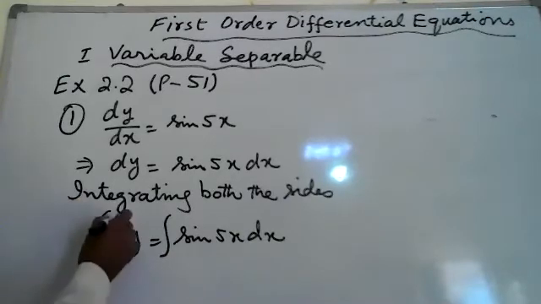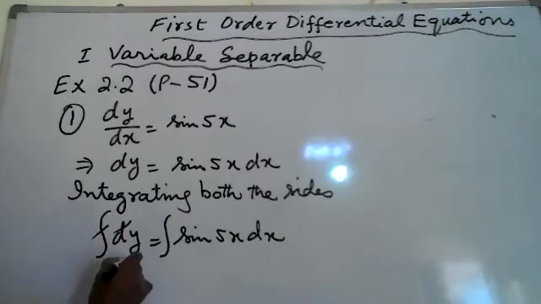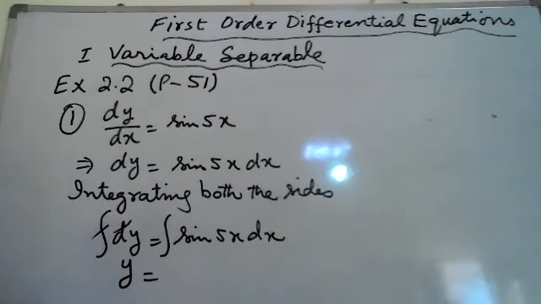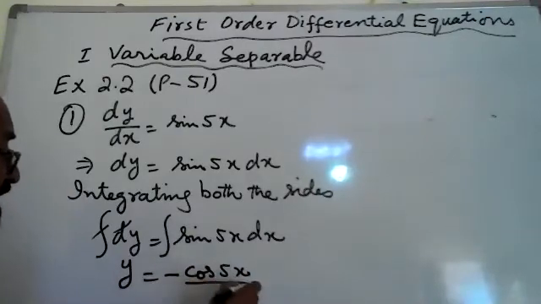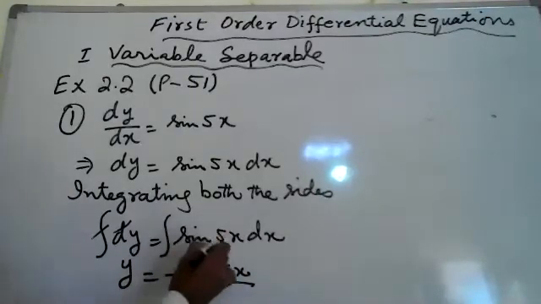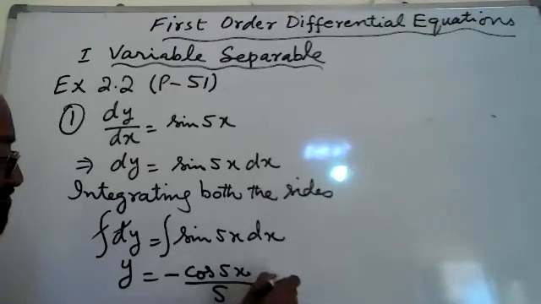When we integrate, the derivative and the integration cancel, leaving y. Now the integration of sin 5x will be minus cos 5x divided by the derivative of 5x, which is 5, plus c.